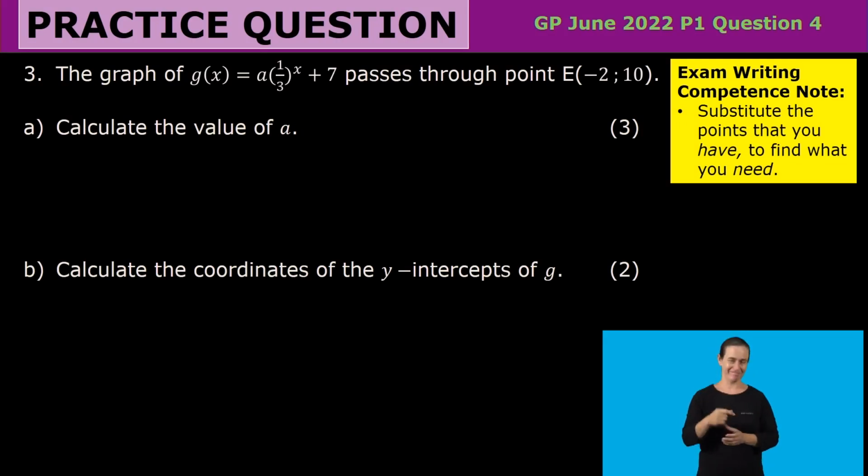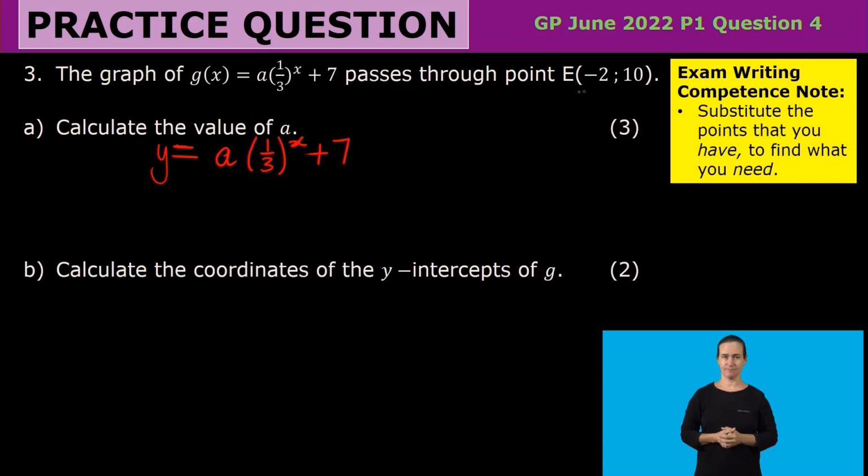So we are going to calculate the value of A, and we can do this by just substituting. We are given the equation, y is equal to A open bracket 1 over 3, close bracket, x, plus 7.